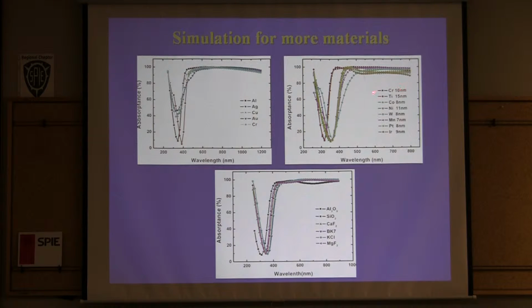We tried chromium, titanium, cobalt, nickel, tungsten, palladium, and some other kinds of material. Some are good, some not very good. So we mainly try to use two kinds of material, chromium and titanium, which are very good. But titanium is easy to oxidize. Chromium is more stable.